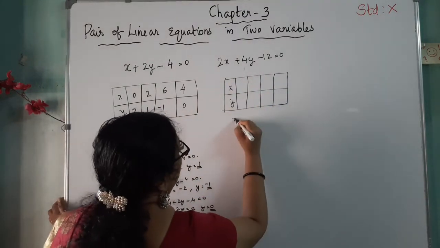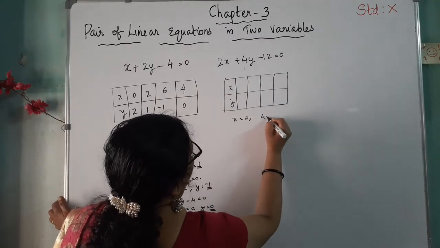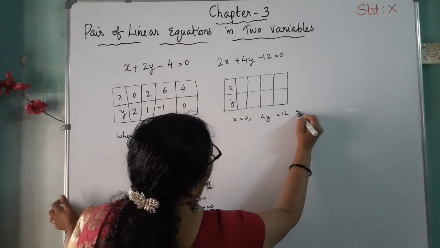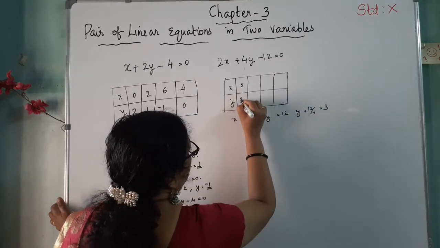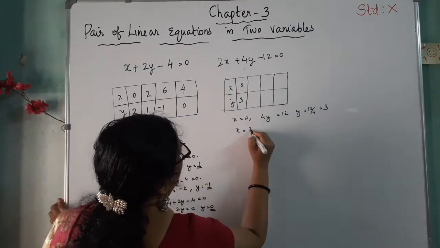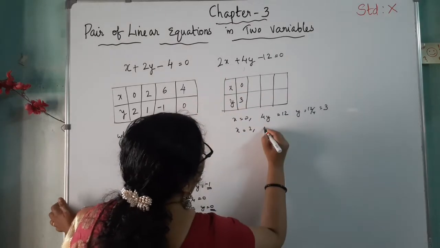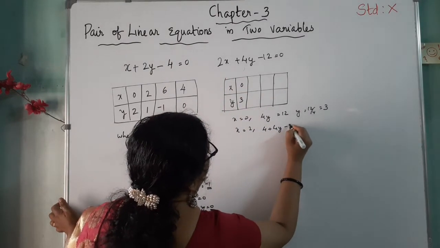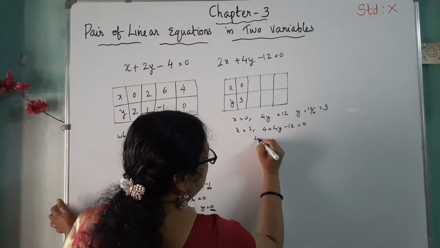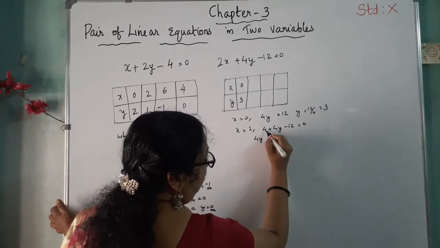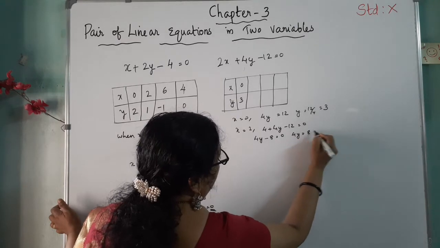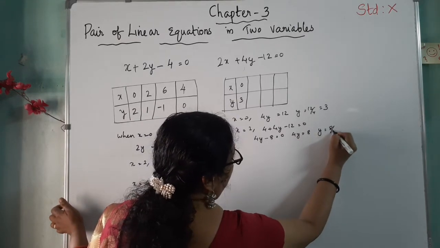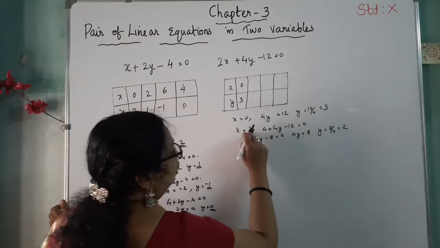Here also we can find 4 points. Here x equal to 0, then 4y equal to 12, y equal to 12 by 4, that is equal to 3. That is (0, 3). Then when x equal to 2, 2 into 2 is 4, plus 4y minus 12 equal to 0. That is 4y equals 12 minus 4, that is 8. 4y equal to 8, y equal to 8 by 4 equal to 2, that is (2, 2).